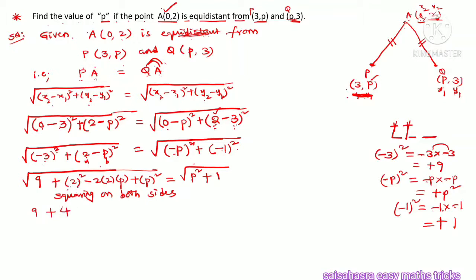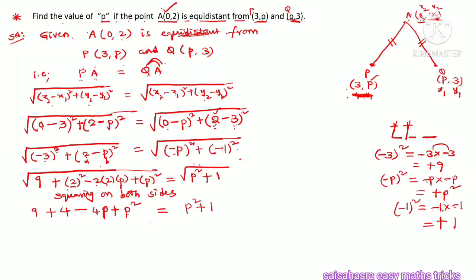2 square does not mean multiplying these two, 2 square means we should write 2 two times: 2 into 2 is 4, minus 2 into 2 into p is 4p, plus p square is equal to, on this side also if you apply square, the square and this square root will go, remaining is p square plus 1.